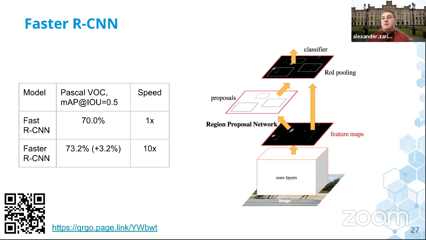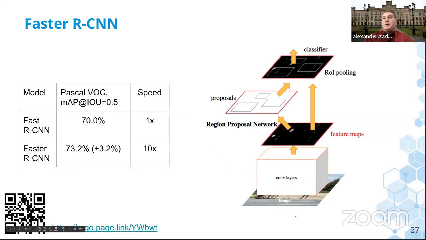So they decided that if we incorporate this selective search step into our network, we can greatly speed up the whole pipeline. So they came up with the following architecture.